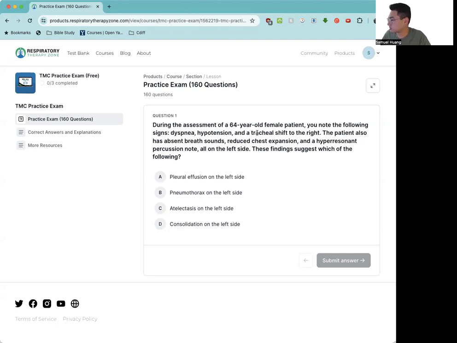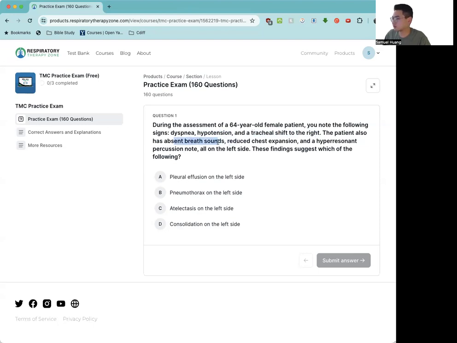64-year-old female patient, dyspnea, hypotension. Hypotension's bad. Tracheal shift to the right. There's only a couple things that can cause a tracheal shift. Maybe a mass, a pneumothorax that is pushing the trachea over. Could be like SVC syndrome, anything pushing it over.